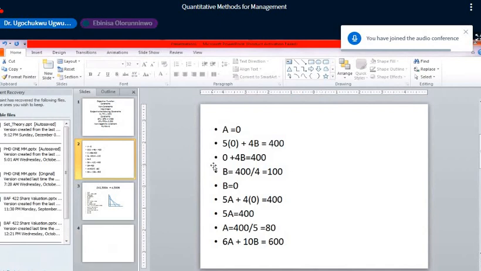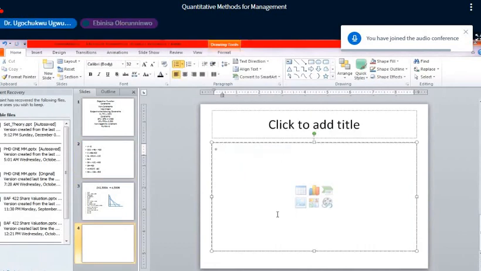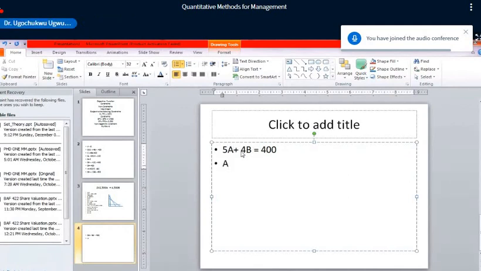Okay, so now let us use this. 5A plus 4B is this, and the second one is that A is equal to 20.